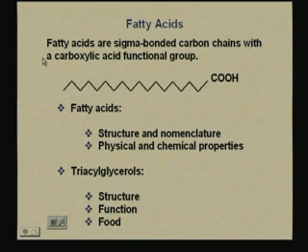Okay? So, these fatty acids are sigma bonded carbon chains. What do we mean by sigma bonds? We have just single bonds here, and what do they have at the end? They have at the end a carboxylic acid moiety, a carboxylic acid functional group.